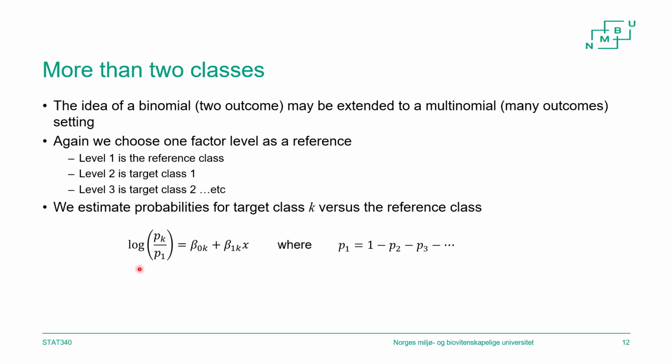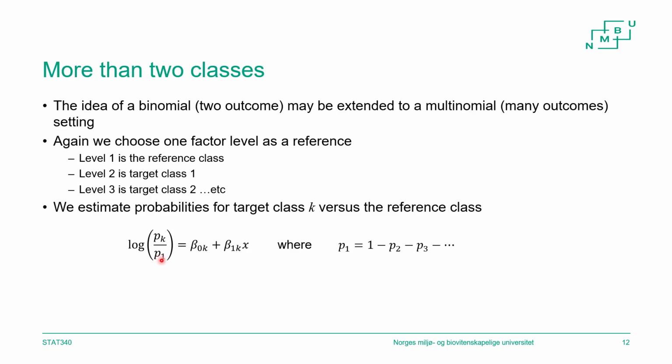You have the same logit function, but notice that instead of P and 1 minus P, this is now the probability of the reference each time, while this one changes depending on which target class you are focusing on. It's the same linear combination, but beta 0 and beta 1 are different for each target class.